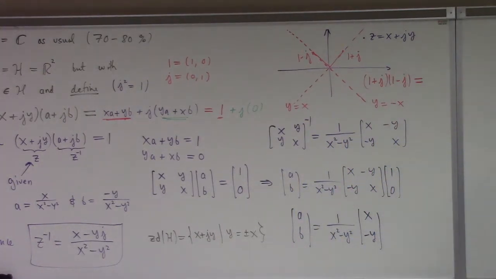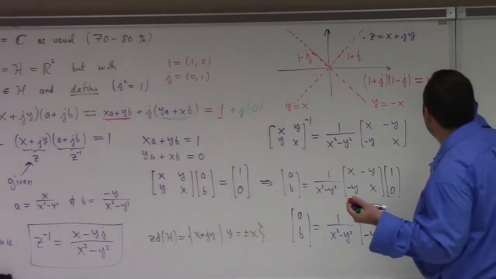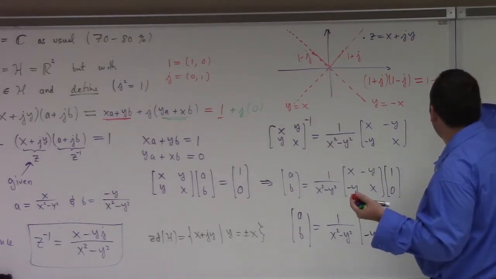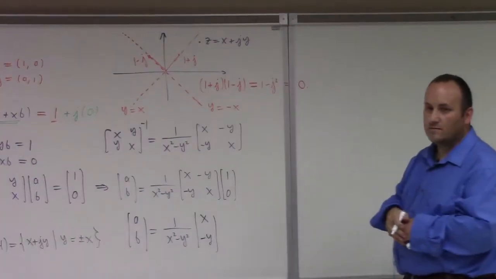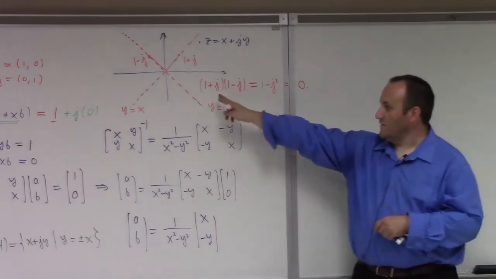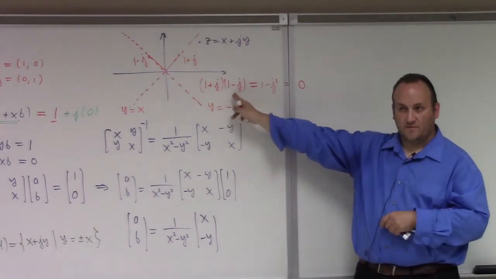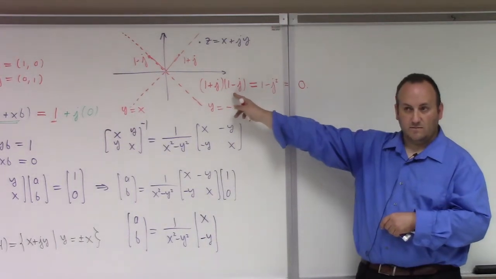You get 1 squared plus j minus j squared, which is 1 minus j squared, which is otherwise known as 0. So these are non-zero hyperbolic numbers whose product is 0.